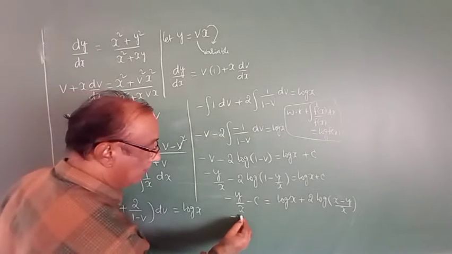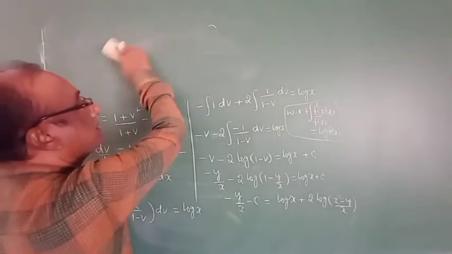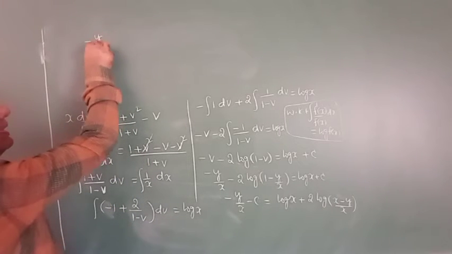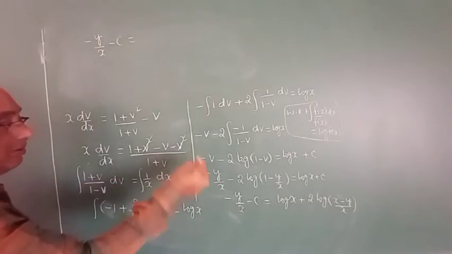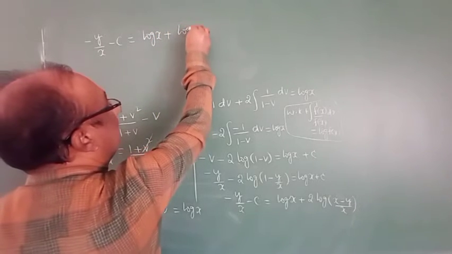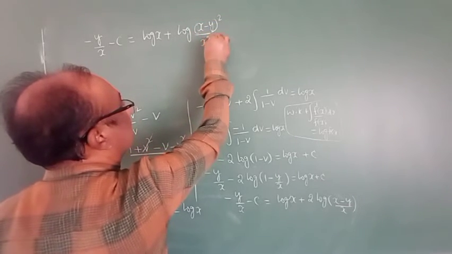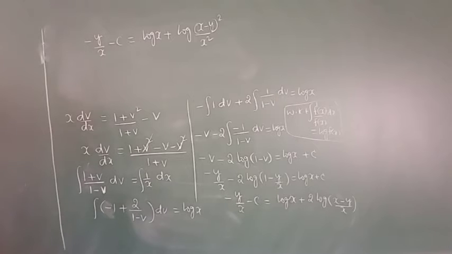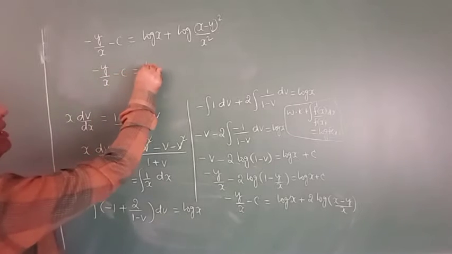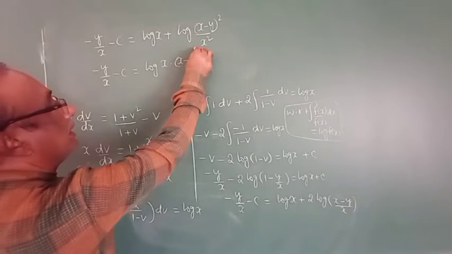So, minus y by x minus c is equal to log x plus log of x minus y whole square by x square, since 2 log n is log n to the power 2. Now apply the log m plus log n formula: log m into n, x into x minus y whole square by x square.